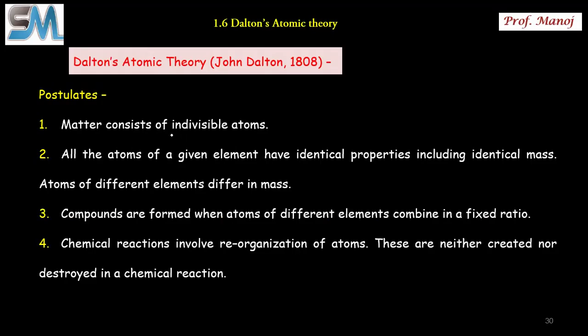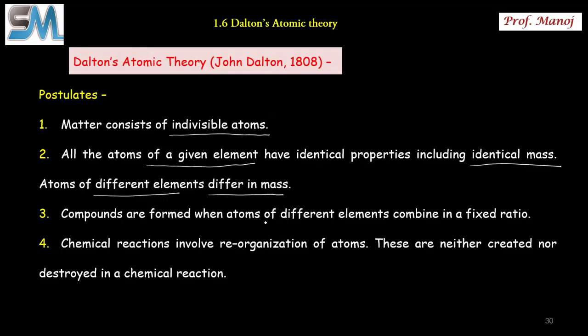Matter consists of indivisible atoms. For the first time, Dalton suggested that matter is made up of atoms. All the atoms of a given element have identical properties, like identical mass. Of a given element, all of them will have identical mass. Atoms of different elements will have different mass.